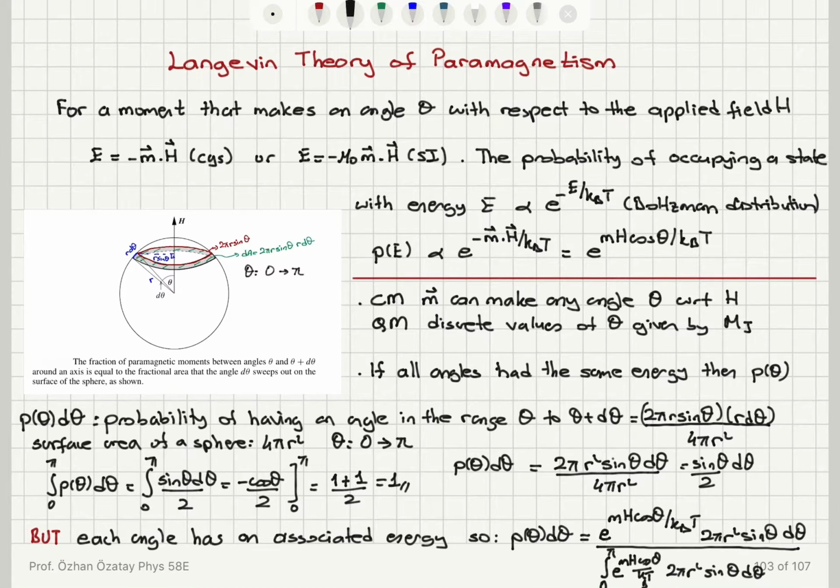This is actually the partition function that I'm writing. So if you know from statistical physics, this is actually the partition function. So I'm using the canonical distribution.